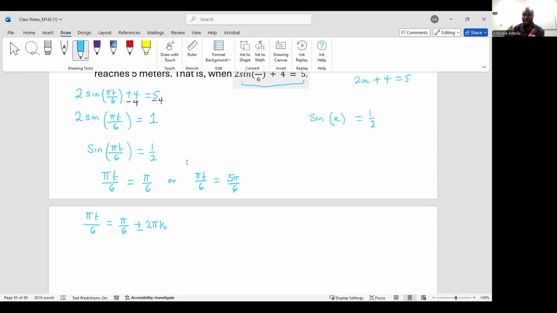It is going to be half when I add 2 pi k at every instance. When I add 2 pi k or I subtract 2 pi k, that is plus 1 period every time. Okay? Now, the same thing with this, we will come back to that.